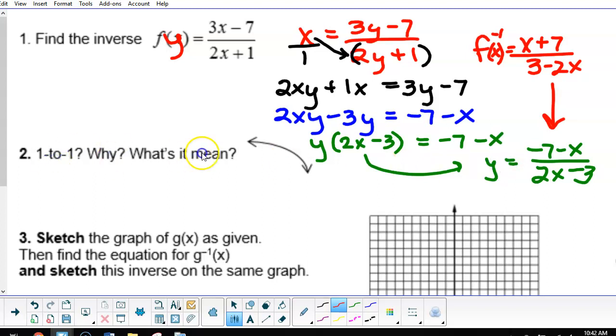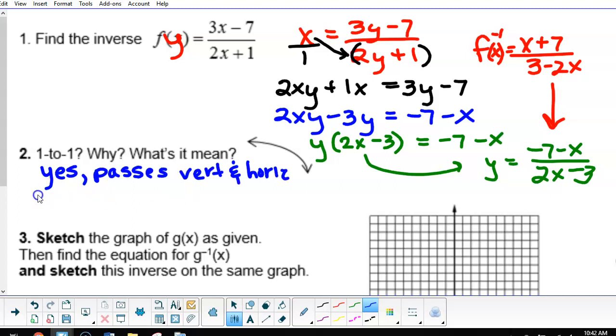Okay. Is this function one-to-one? Why? Okay. Yes. Passes vertical and horizontal line test. What does that mean in terms of the inverse? So the inverse will be a function.